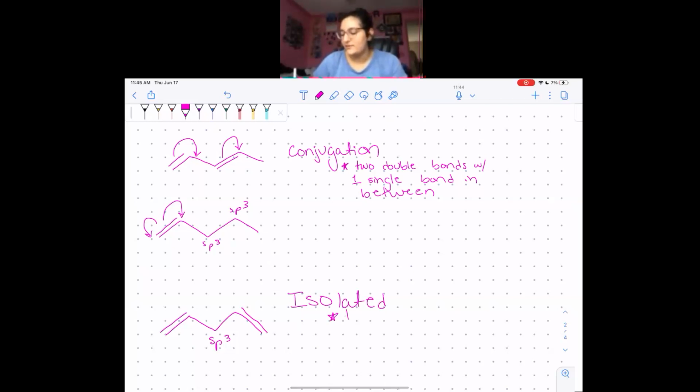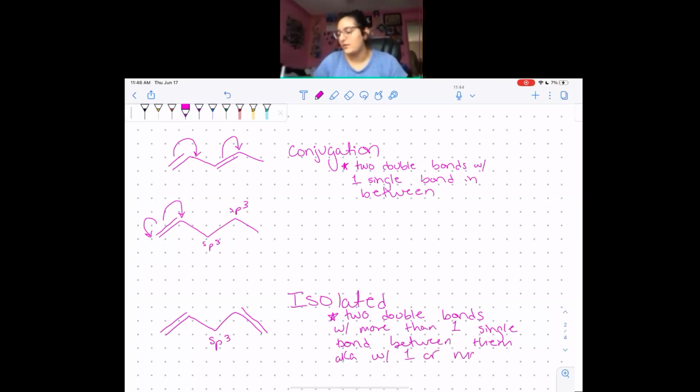So when we have two double bonds, and I like to say this in two different ways because sometimes people like one explanation and not the other. So it's either two double bonds with more than one single bond between them, aka with one or more sp3 carbon between them.